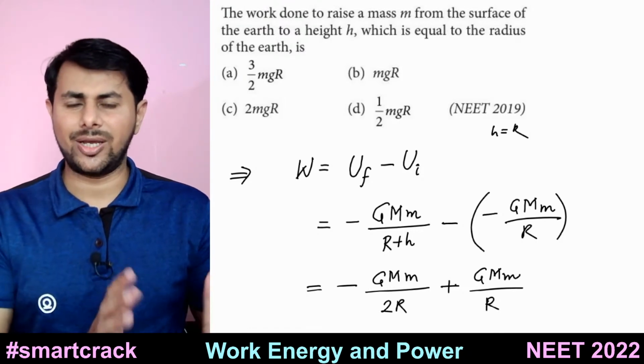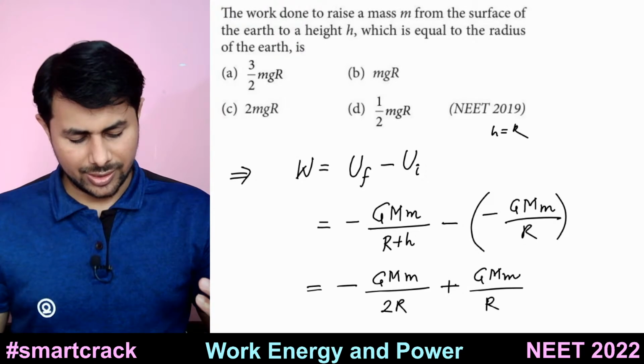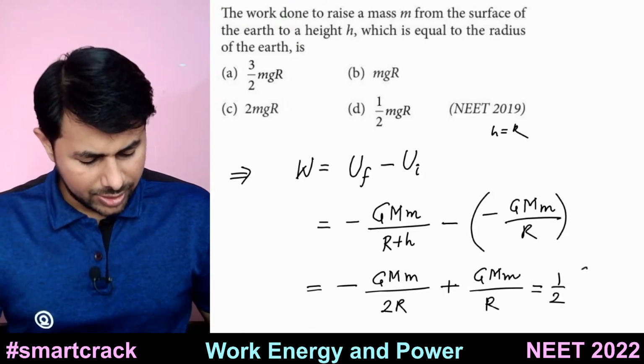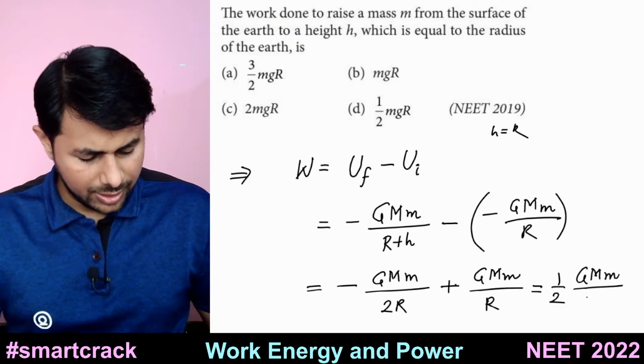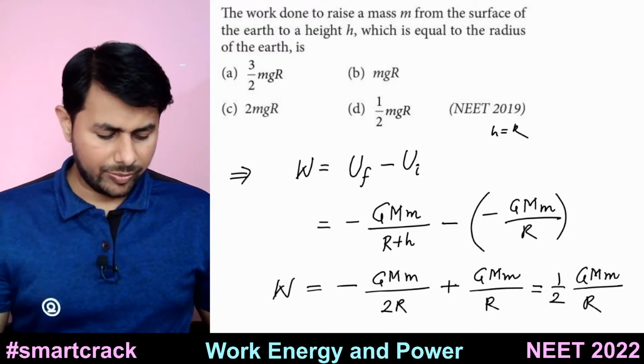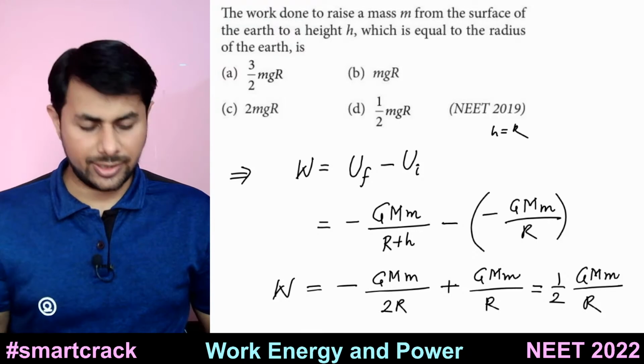So GMm upon r we can take common, it is minus half plus 1, which is half. So this is equal to half of GMm over r, and as I told, we have to memorize this very crucial trick for this chapter.